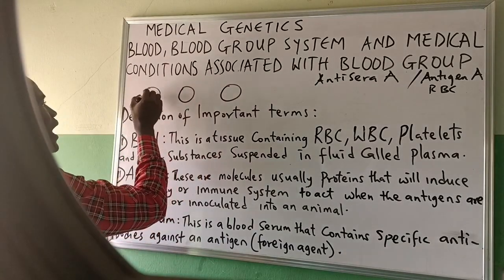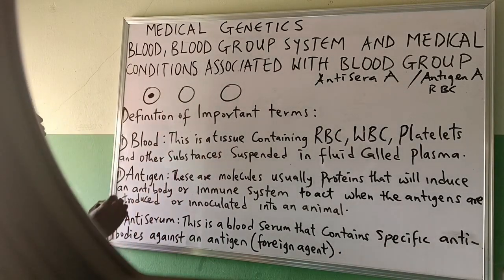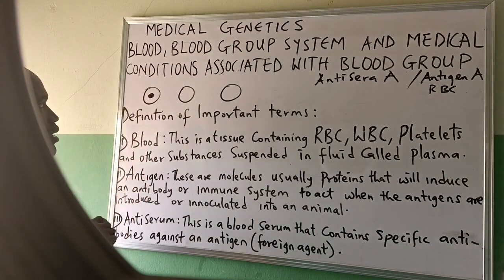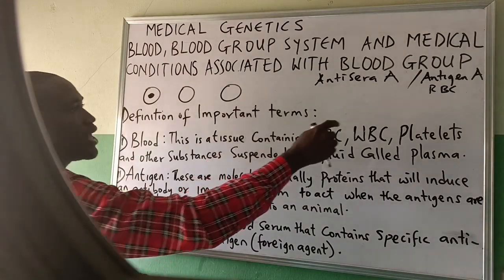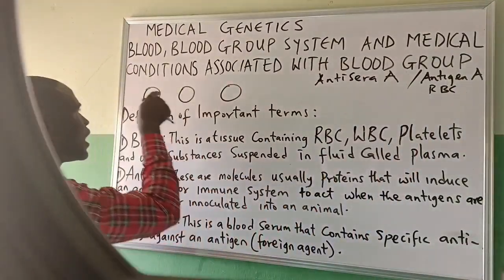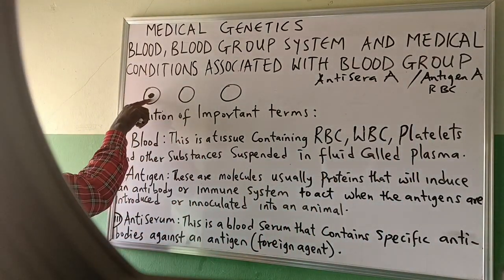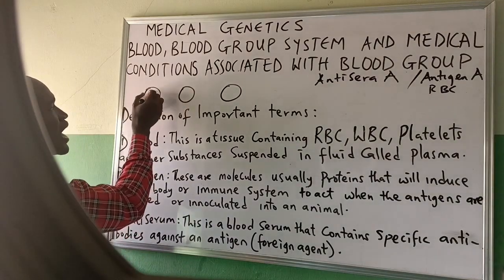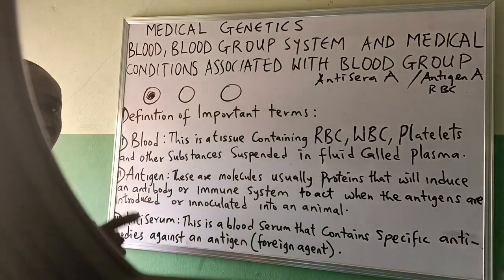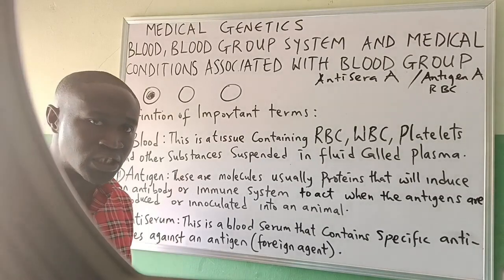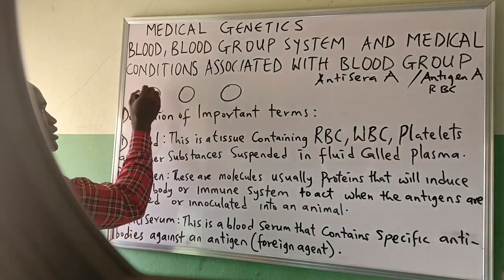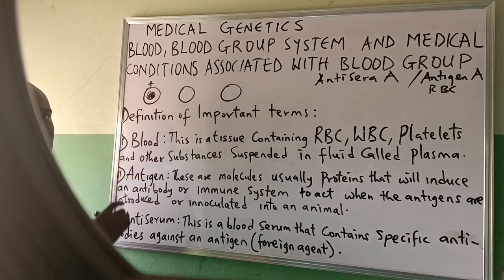Now, you put antiserum A here, and you now take your blood and drop it here as well, and mix it. If there is a reaction, agglutination or clumping, note that there is agglutination.